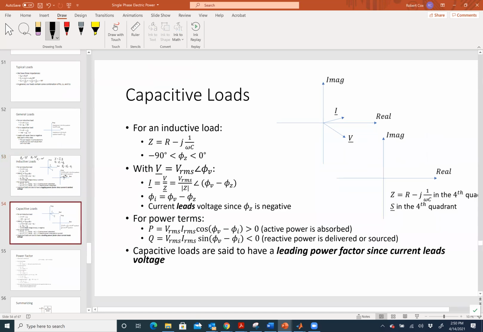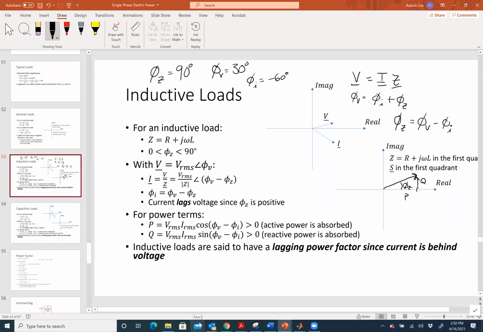Capacitors are going to be the exact opposite. For all the same reasons we just argued, everything's opposite for a capacitor. What's different about the angle of a capacitive load versus an inductive load? It's negative.